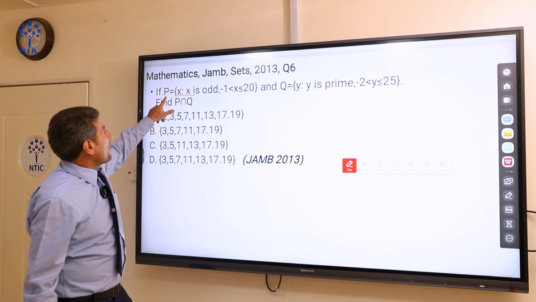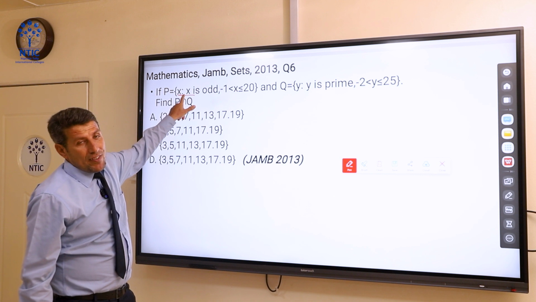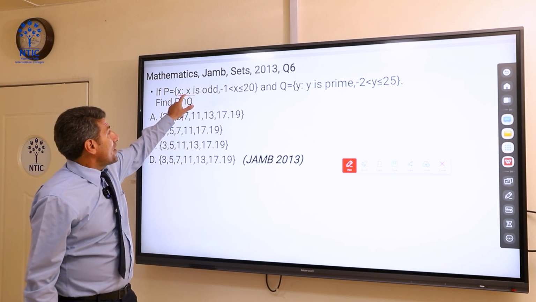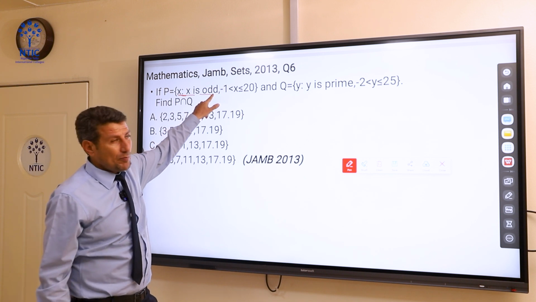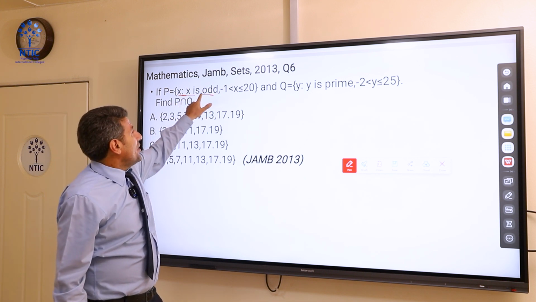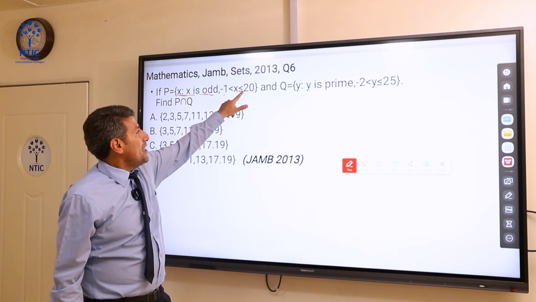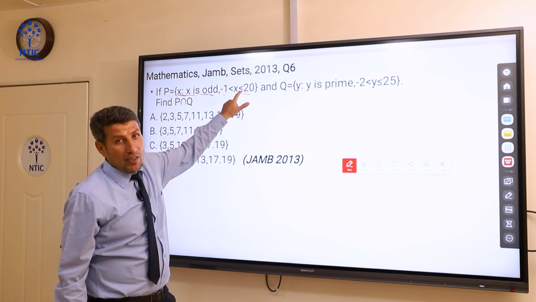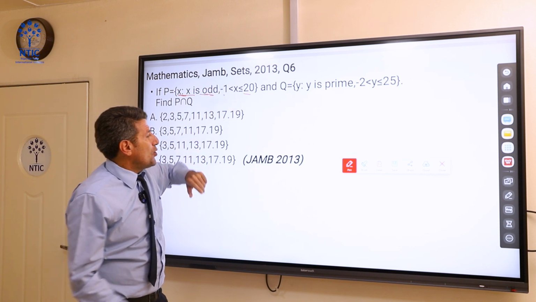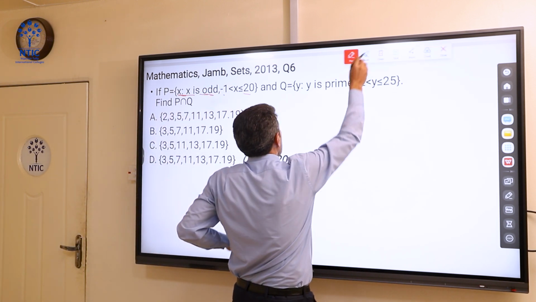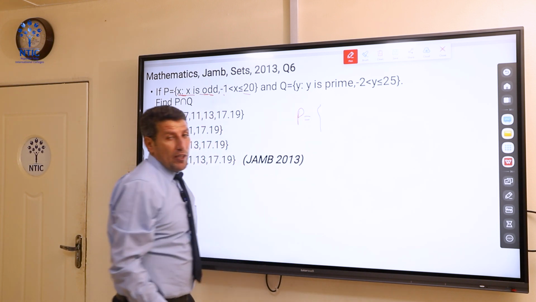So here, it is saying that this set P consists of elements such that they are odd numbers. So the elements of P are odd numbers which are between -1 and 20. But -1 is not included, 20 is included. So let's write the odd numbers between -1 and including 20.